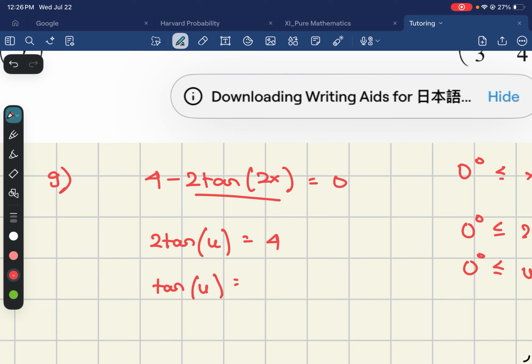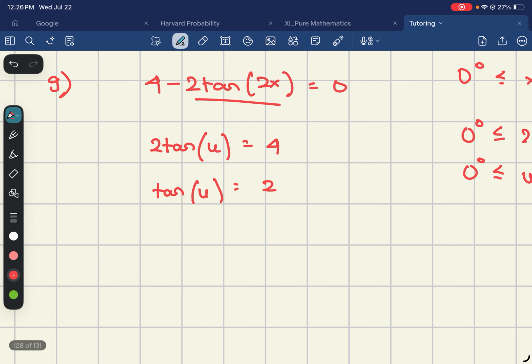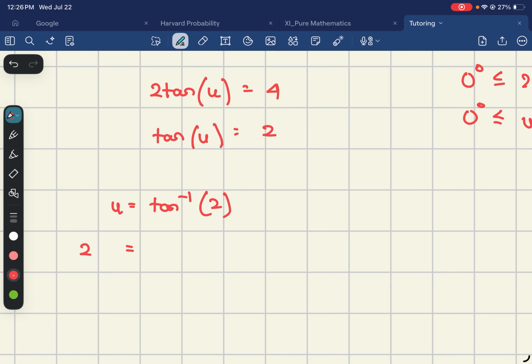And tan u is just 2, right? All right, so u is going to be tan inverse of 2, which gives us an acute angle in the first quadrant. And that is just u, which is 2x, which is 63.4349482 degrees.